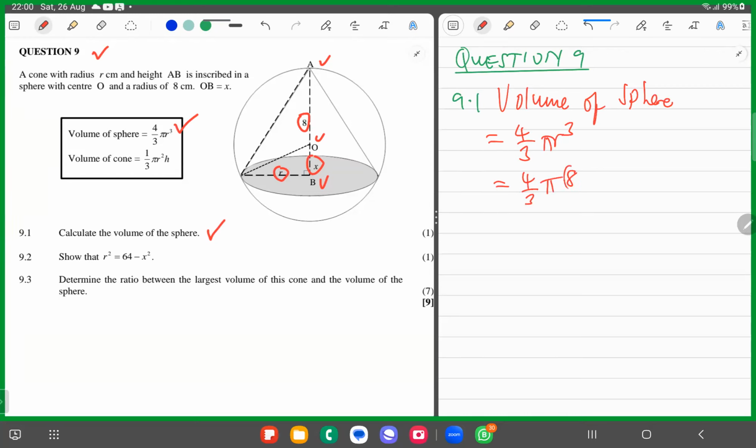The radius is 8, cubed, which when you multiply gives 2048 pi divided by 3. So this volume can also be written as approximately 2144.66 cubic units.